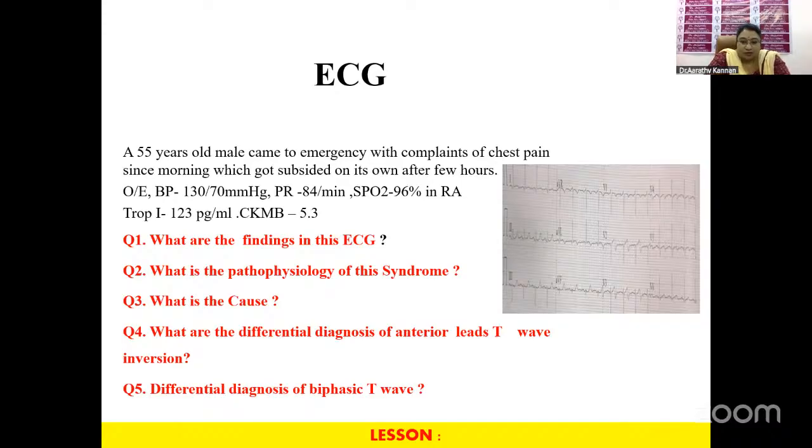What are the findings you can see in this ECG? With this, what is the syndrome you can think of? What is the pathophysiology behind the development of this syndrome? What do you think could be the cause of this condition?